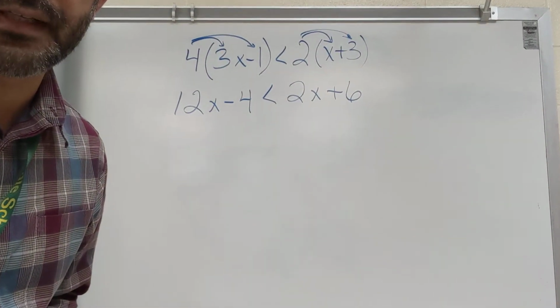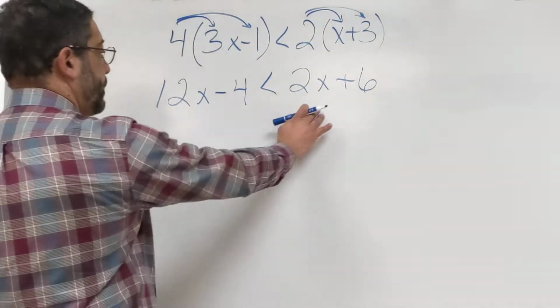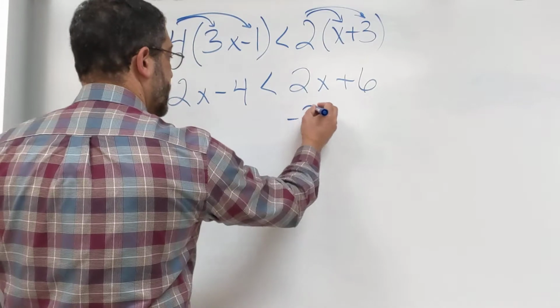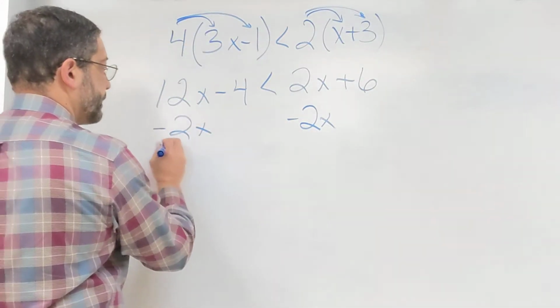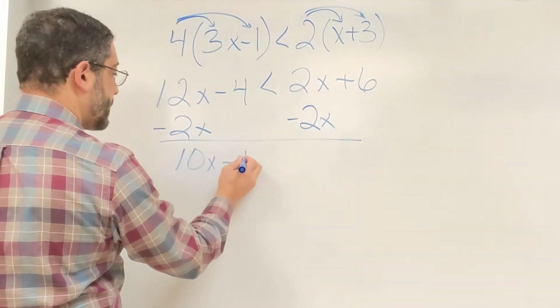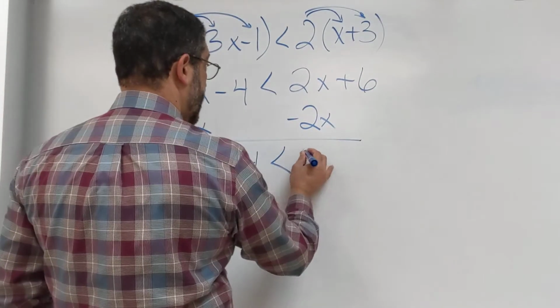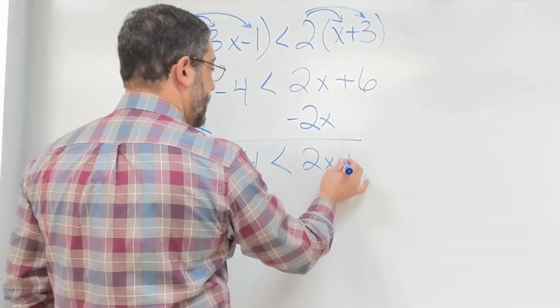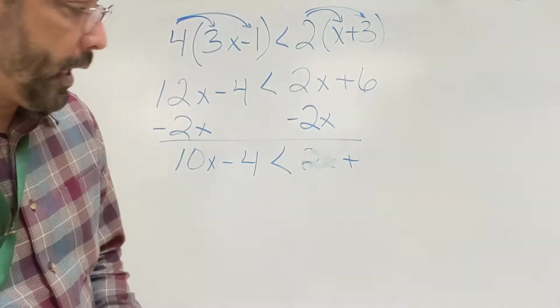Let me just zoom in a little bit for you. All right, so then my next step is going to be moving my variable over here. So I subtracted 2x from both sides. So that's going to give me 10x minus 4 is less than 2x, oh, excuse me, that 2x is already subtracted.